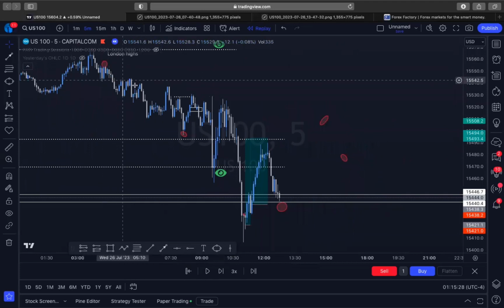All this bear run, people have been trailing their stop losses to these highs right here as they're selling, right? So where are we, in a way, stop hunting? You know what I mean? Where are we going to take those traders out is right here. So these are where my targets are. If I'm entering low, I'm targeting these highs right here.